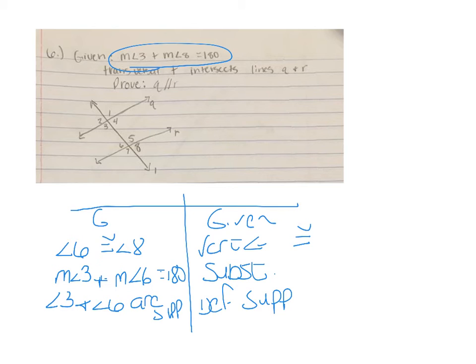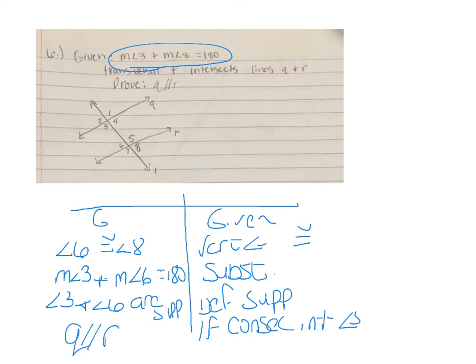So I'm ready to jump into my last statement. I'm ready to say Q would have to be parallel to R, because, and again, depends on your teacher on how fancy you want to write this, I guess we could write that whole thing that says if consecutive, okay, I write consecutive, some books say same side, whatever your book says, consecutive interior or same side interior angles.